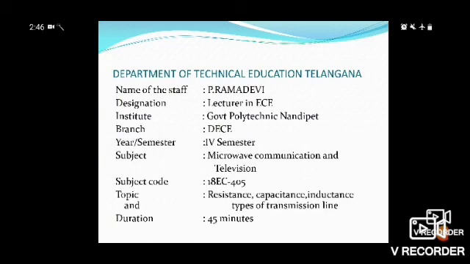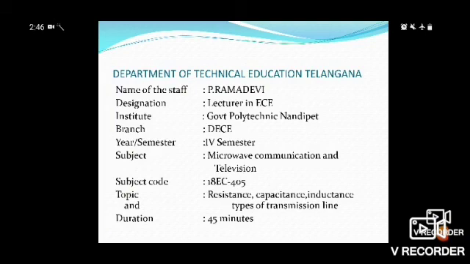First of all, we have to know what a transmission line is. In the field of electronics, it is needed to guide electrical energy from one point to another. That means to transmit electrical energy, we require a guided medium.